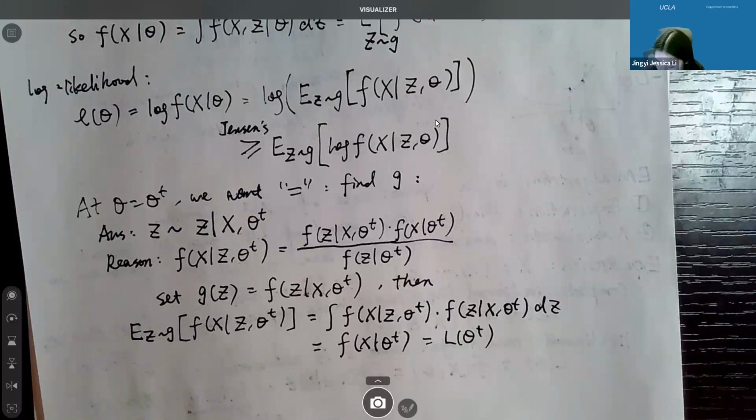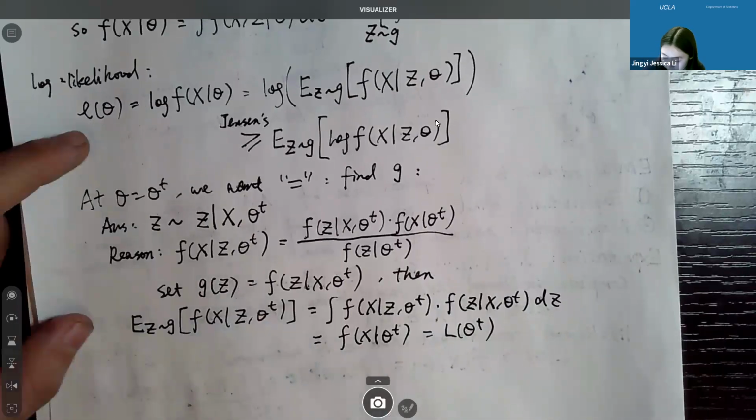So basically, you can see that with this expectation, if we take it, we restore the likelihood on the left-hand side.